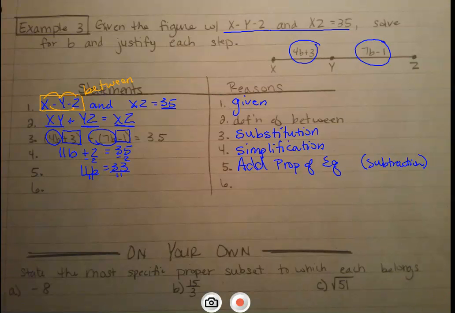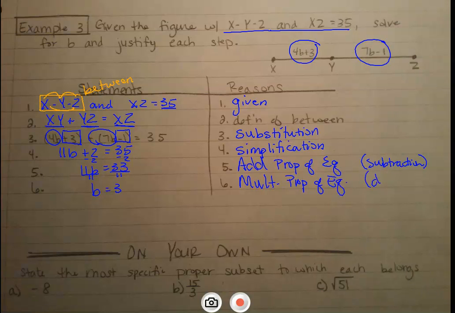This makes your proof a little bit shorter by just putting the step at the end. So b equals 3. We divided by 11, but remember we can't call it that because it's the same thing as the multiplicative inverse. So this is going to be the multiplication property of equality.